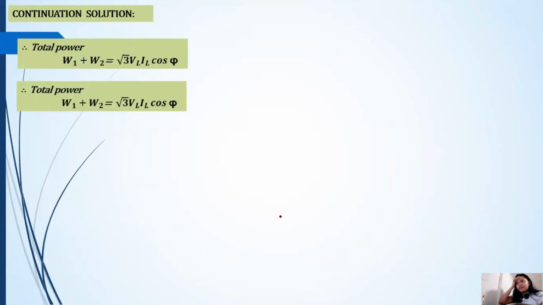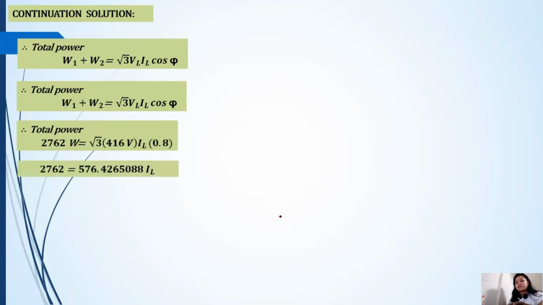So since the total power here is 2,762 watts, we substitute the values: square root of 3 times 416 volts, which is the given line voltage, and since the line current is missing, we'll just put IL, then the cosine phi, which is 0.8, since that is the answer we solved in the previous slide.